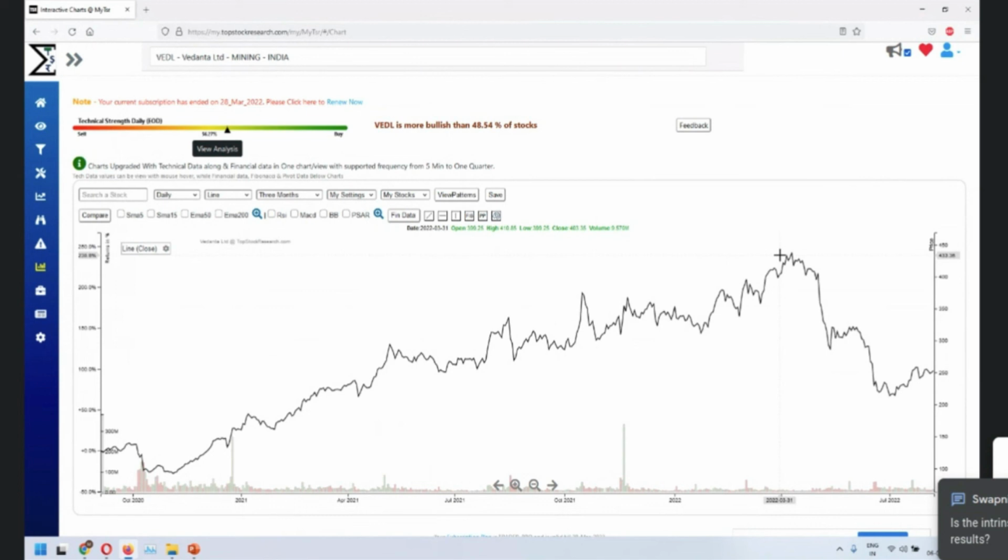Is intrinsic value calculated post quarterly results? Yes and no. It is calculated daily, but some of the major numbers which are available from the company, we have to depend on companies. So those numbers are shared to the public as of 31st of March.